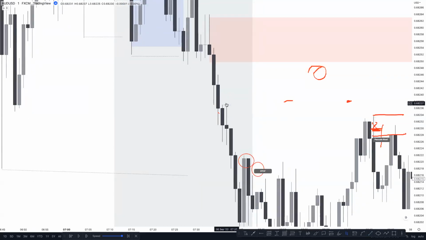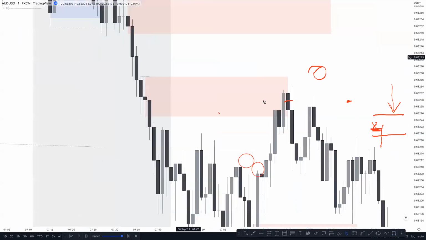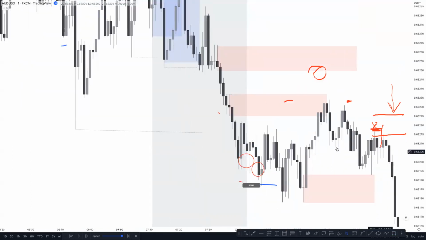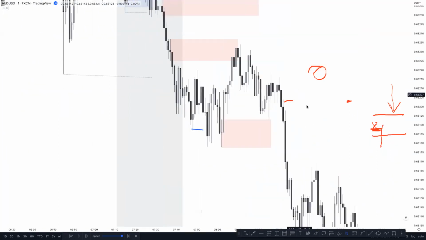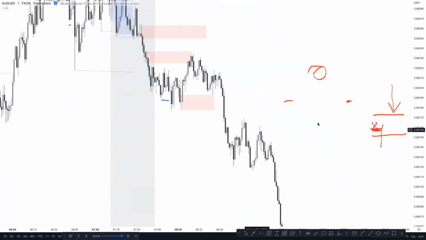If this candle is taken out by this one, we can use this order block for the sell, which can be this one, right? But market did not sweep this high, right? So we can't sell here, but market taken out the inducement and then sell. All right, let's see.